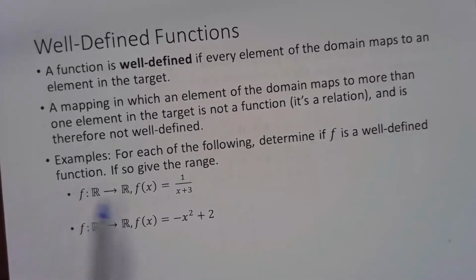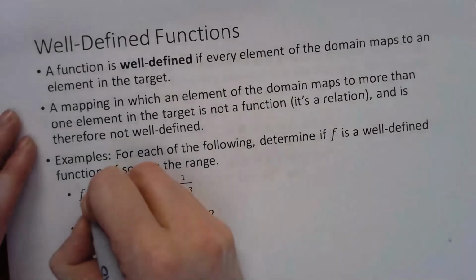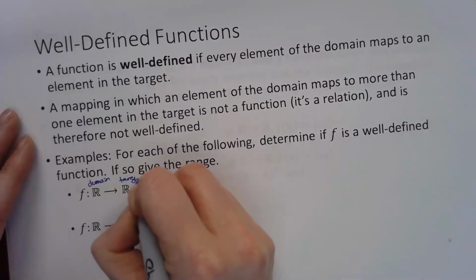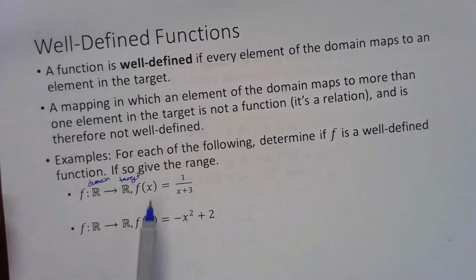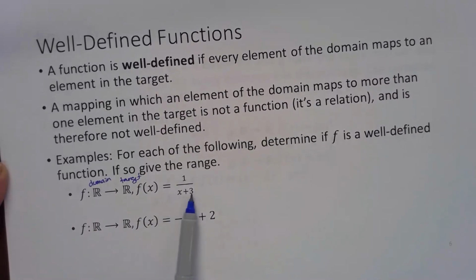So let's look at a couple of examples down here and see if these are well-defined functions. Down here we've got the domain is all real numbers. We've got the target is real numbers. And let's say I define a function f of x equals 1 over x plus 3.